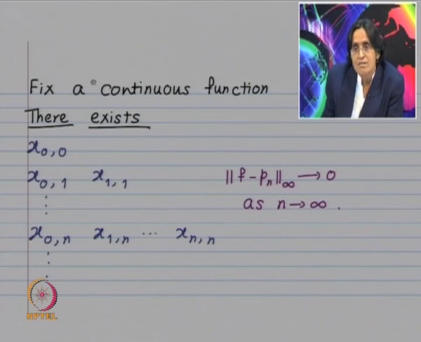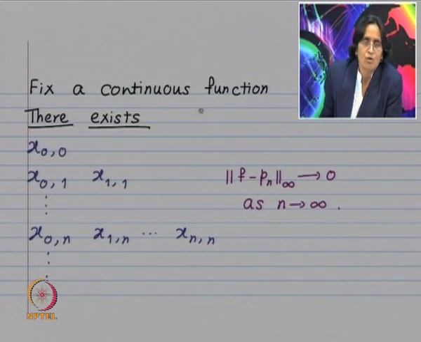Now, there is a catch, and the catch is, there exists. That means, given a continuous function, I do not have a recipe for such interpolation points. But anyway, it is a positive result that there exists a set of points for which the interpolating polynomials are going to converge to f in the norm.